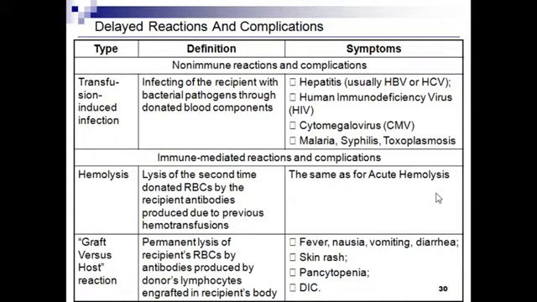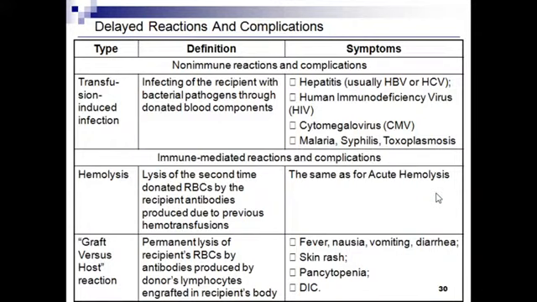Delayed reactions and complications. Non-immune delayed reaction: transfusion-induced infection. Infection may happen due to infecting the recipient's body with pathogens, viral or bacterial, present in donated blood.